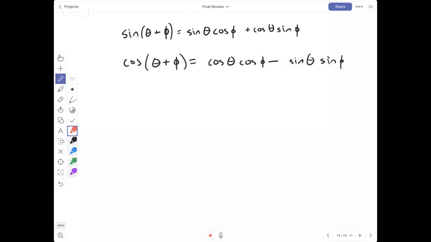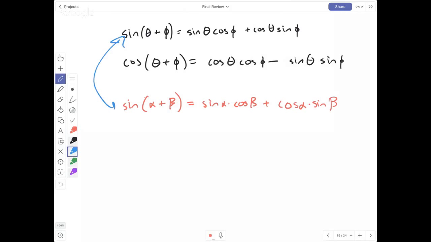And you'll, of course, remember this is the same thing as what we did on the paper, except we use alpha and beta. Greek letters are all common ways to name angles in trigonometry. This is clearly the same thing. Alpha and beta as using theta and phi, all the same deal. I think when we did it in class, we did use alpha and beta, but that's no different than using theta and phi. Cosine alpha sine beta. Same.